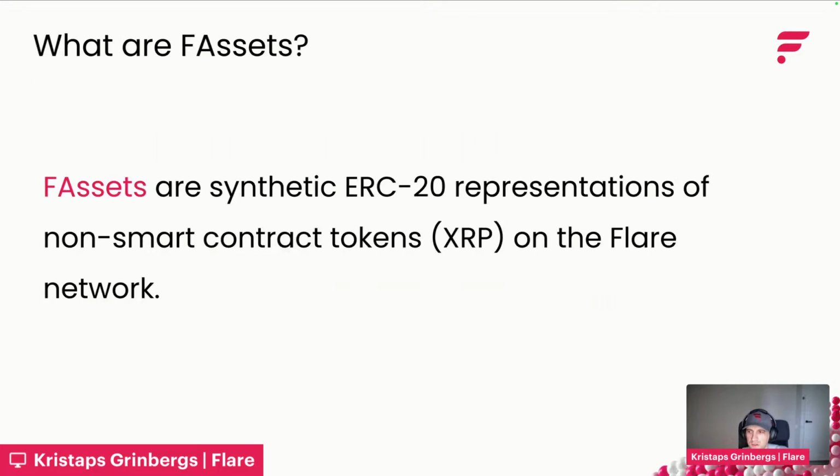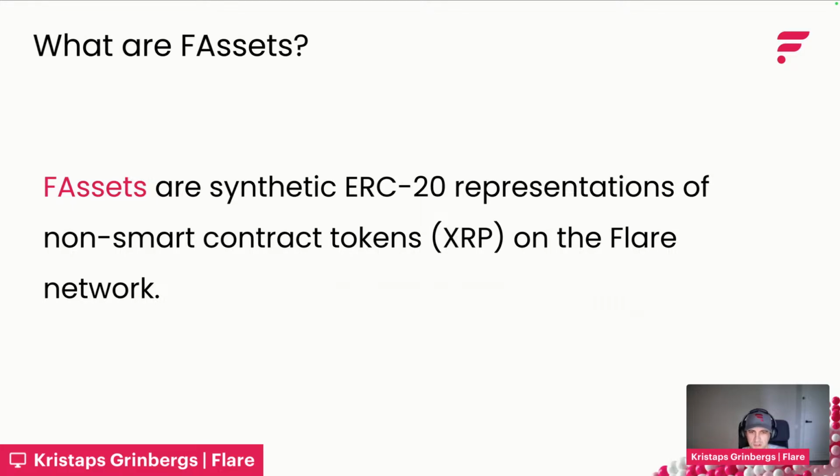So let's start. What are FAssets? I was thinking how to put it simply, and I came up with this: FAssets is a synthetic ERC20 token. That is the standard we are all familiar with, and it represents non-smart contract tokens. Especially in this example, we will talk about XRP, and it resides on the Flare network.